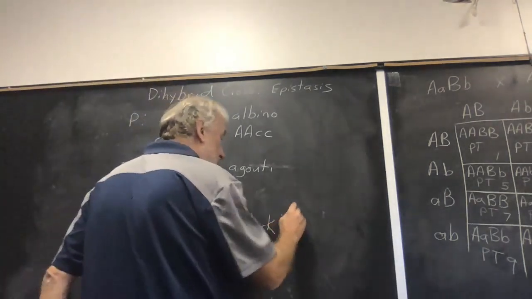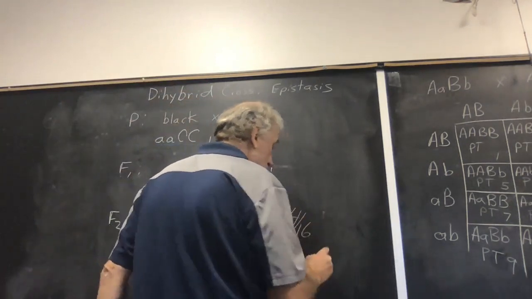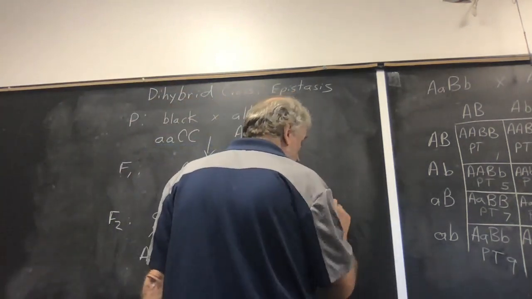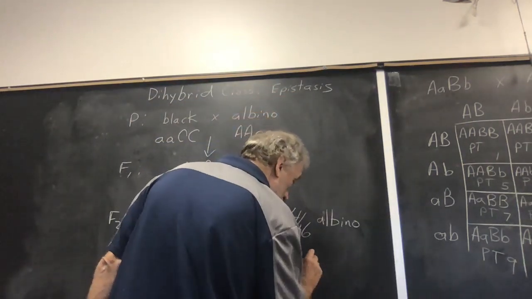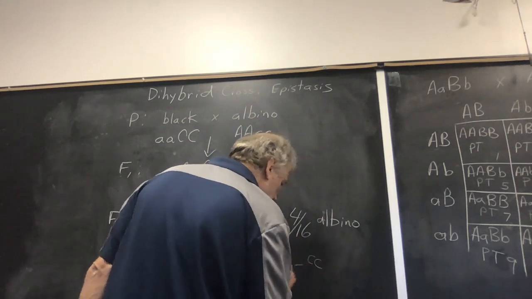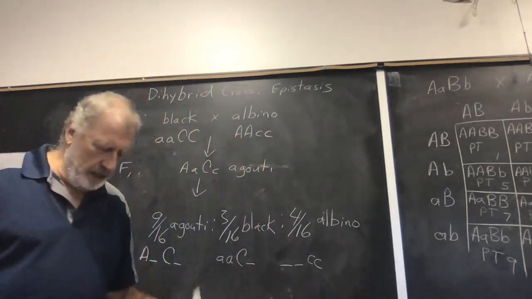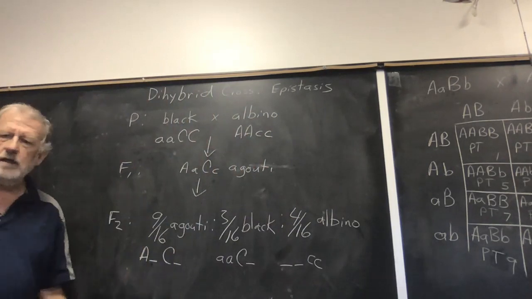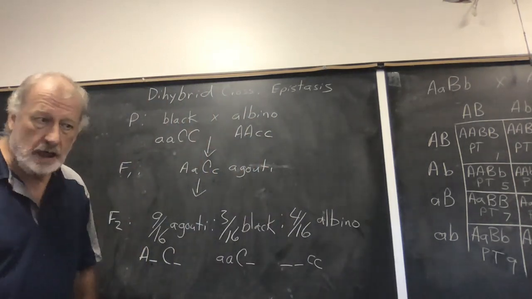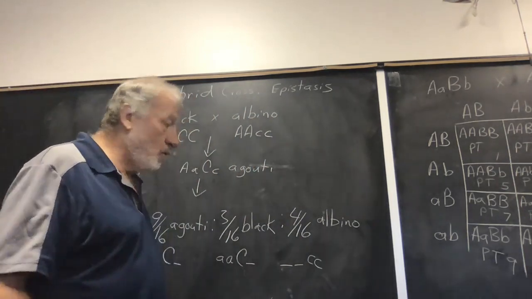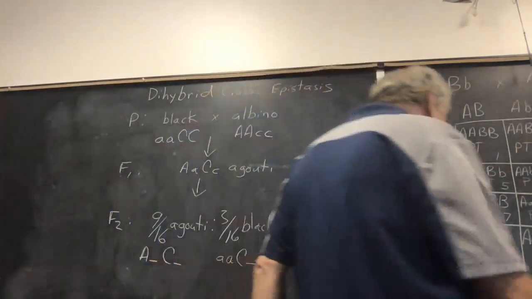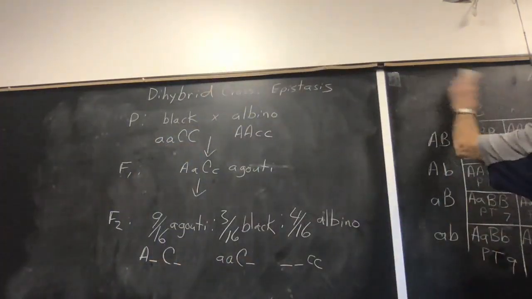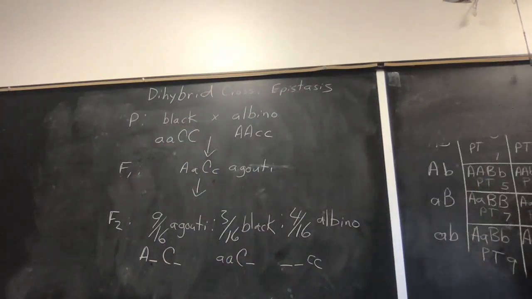And then 4/16 or 1/4 would be white or albino. Those are little c, little c, and it doesn't matter what the A's are doing. The little c allele is blocking the pigment deposition in the fur, so the mouse ends up being white. So let's go ahead and do a Punnett square of this to see how we get this 9:3:4 ratio and figure out what type of epistasis we're dealing with here.